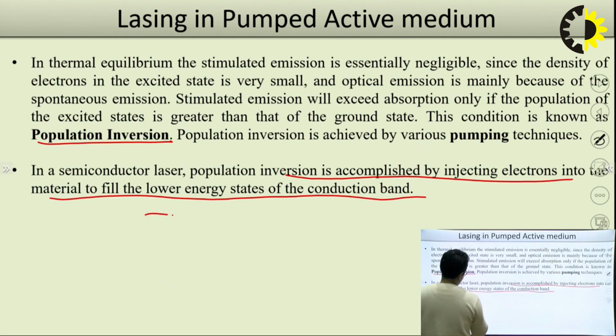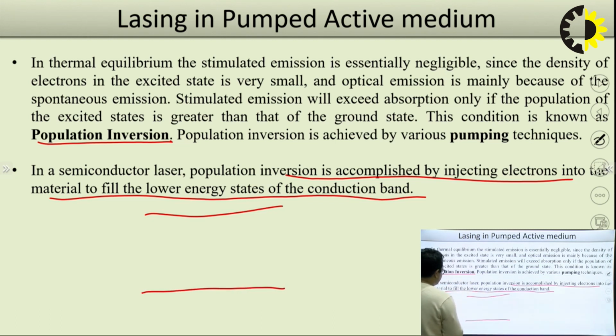A better figure could be like this: if we have an electron, and the electron has moved from a valence band to a conduction band. So this is the electron, and this is the vacancy of the electron, which is called a hole.